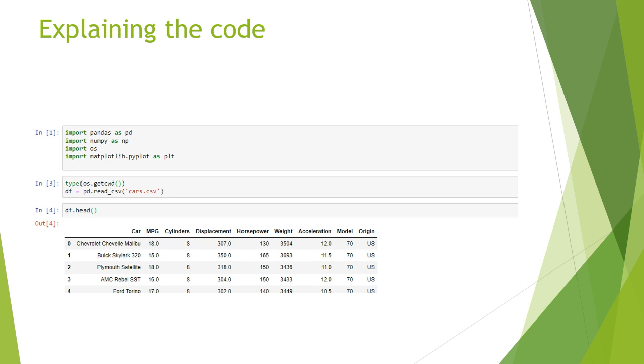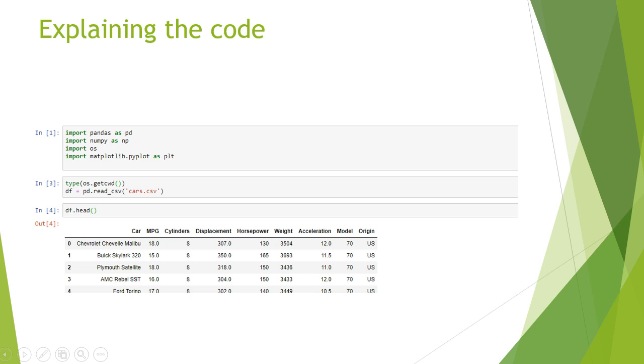So first we are importing the libraries. Import pandas, import numpy, import os. We are importing the matplot library for plotting all histograms, bar graphs, and the box plot as well. Then we are reading the data set.